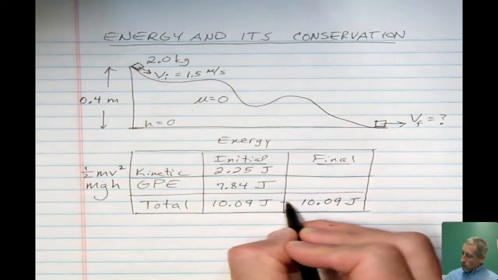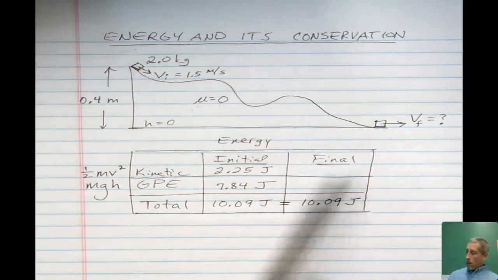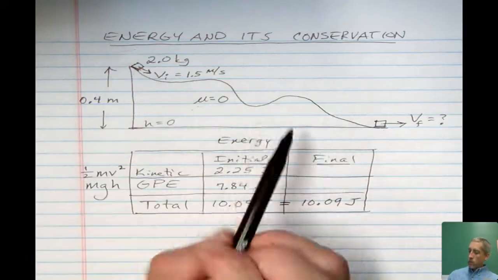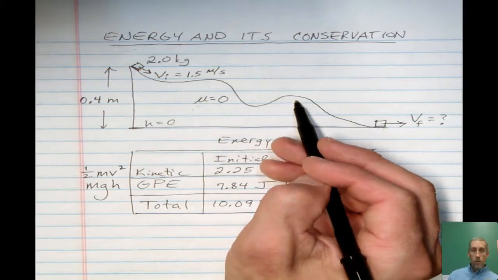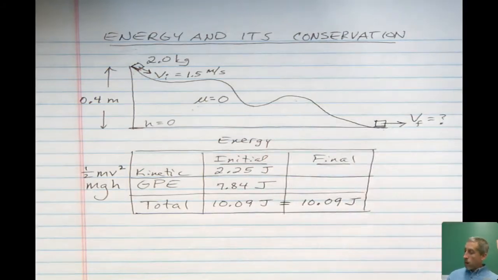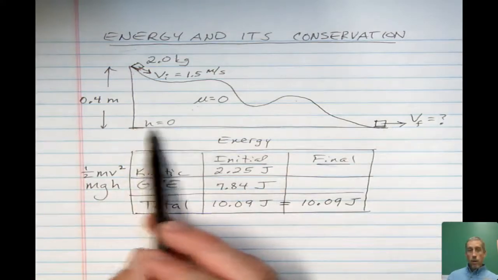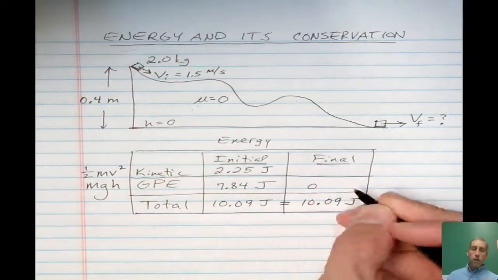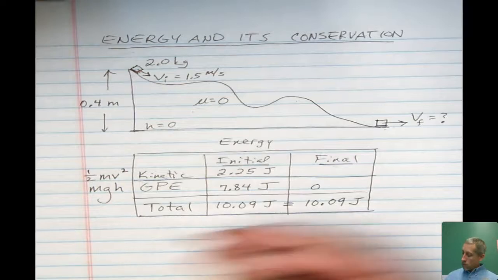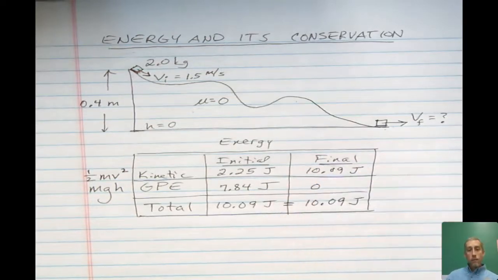So the conservation idea, just like we did for momentum, is that these two quantities will be the same at any position on the ramp. I could even talk about how fast it would be going at this position here or up at the top of this hill, but I've just specifically asked for the bottom of the hill. So now we're going to work our way back up. Since we measured gravitational potential energy from this lowest level, we've essentially defined that level as a 0 gravitational potential energy point, which means all 10.09 joules must now be kinetic.